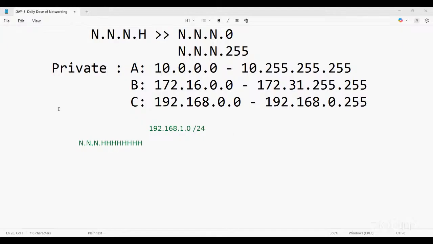Now what you have done, you subdivided the network into two halves, equal halves. So now 128 IPs are here, which is from 0 to 127, where 0 is your network ID and 127 is your broadcast ID.